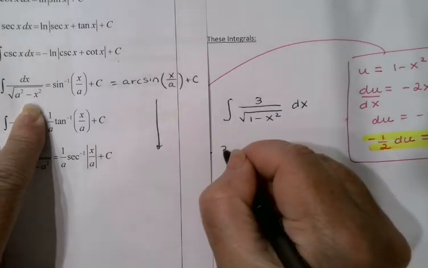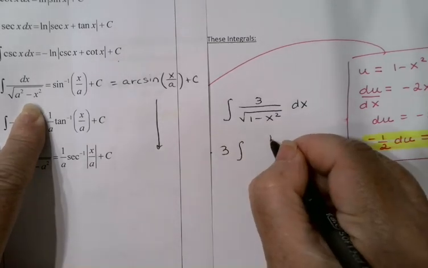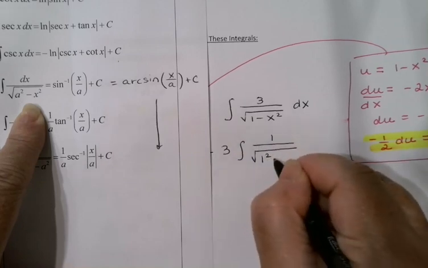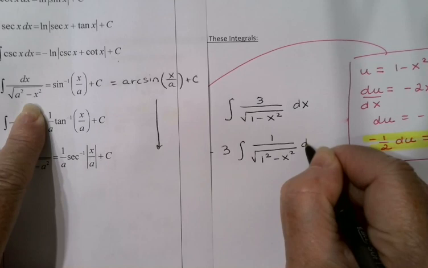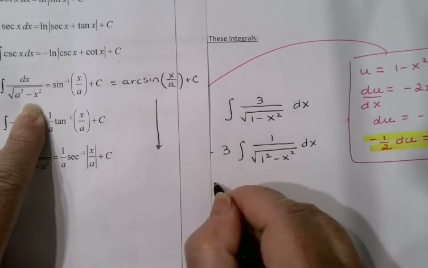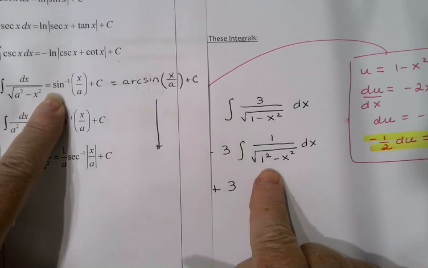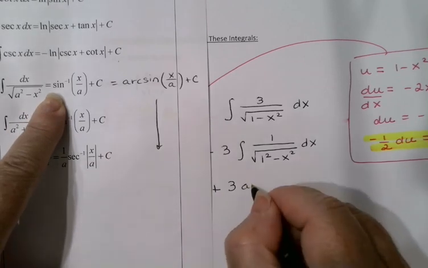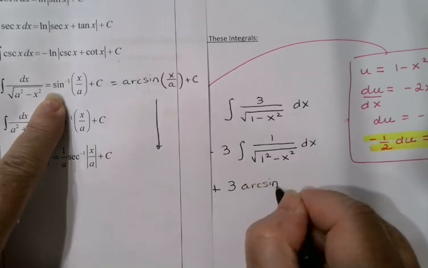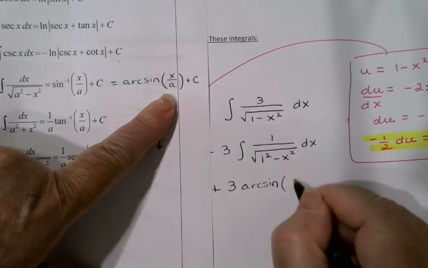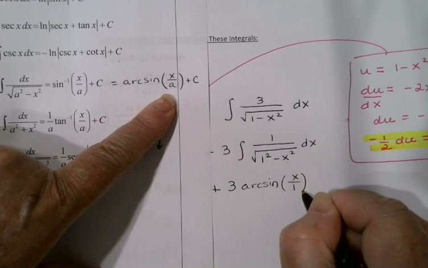Let's pull the 3 out. And we'll just remind ourselves that 1 squared is the same as 1. So I have 3 times the inverse or arc sine of x over a. In this case, that would just be x over 1.